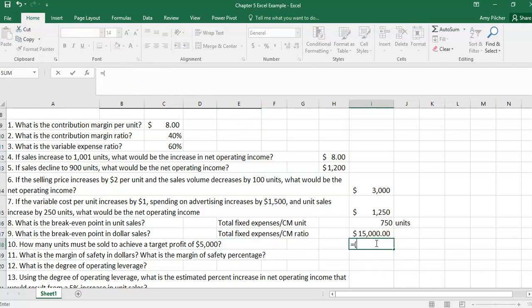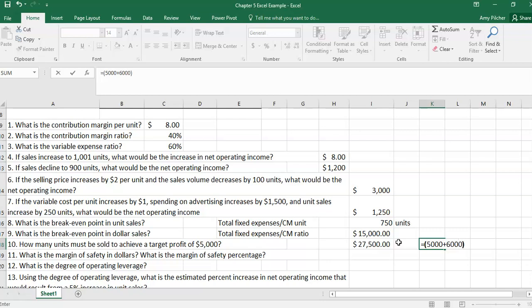So in that calculation, we have our fixed expenses of 6,000 plus a target operating income of 5,000 divided by our contribution margin ratio of 40% gives us the amount in sales. So we need $27,500 in sales.